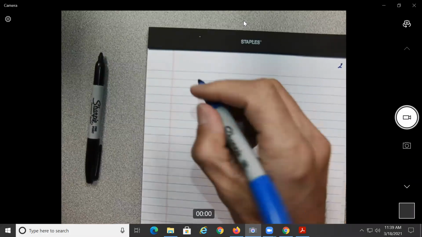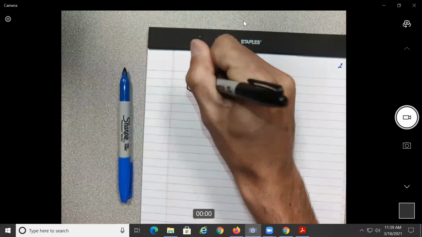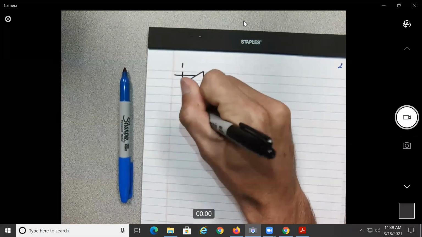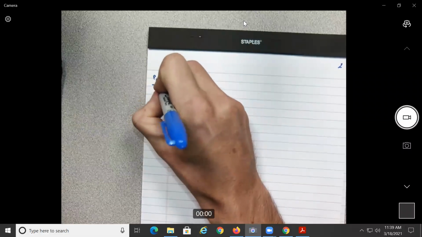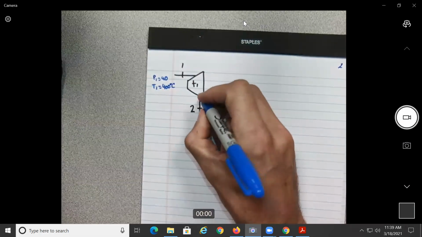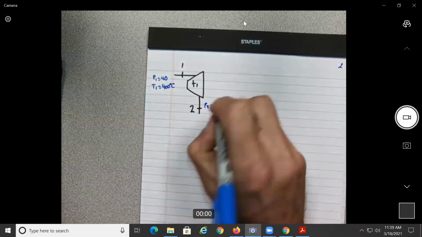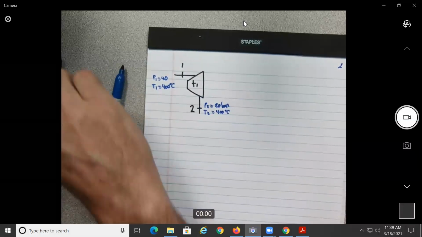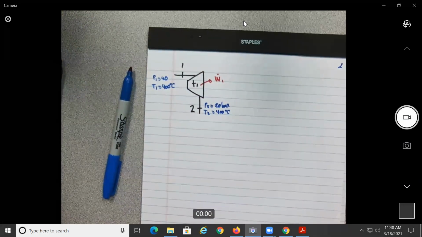Okay, so let's look at turbine 1. States 1 and 2. So we already know 1 is P1 equal to 40, T1 equal to 400 degrees Celsius, and P2 equal to 20 bars, and T2 equal to 400 Celsius, and this is going to produce power.